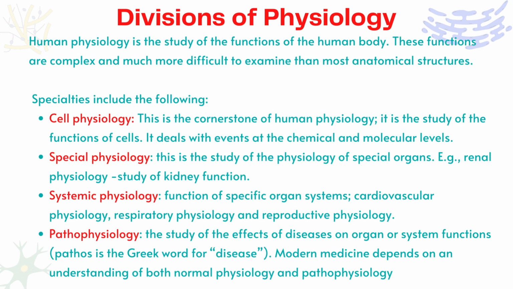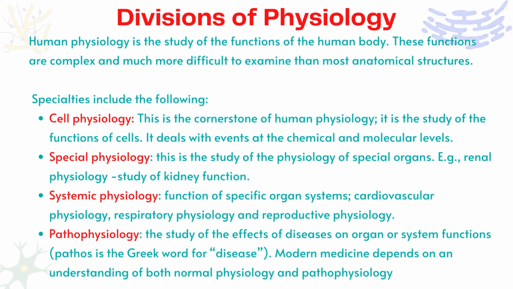And then we have systemic physiology, which focuses on the function of specific organ systems. So we have the 11 body systems, the cardiovascular system, for instance, and the respiratory system. So we have physiologies or functions of those particular systems, and these are what we study under systemic physiology. And then we have pathophysiology.